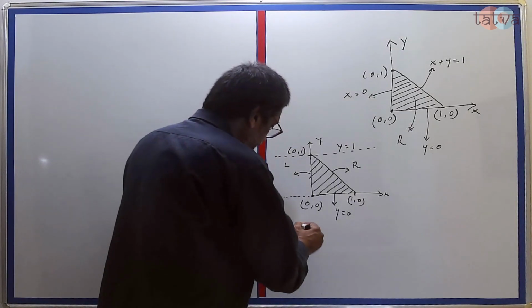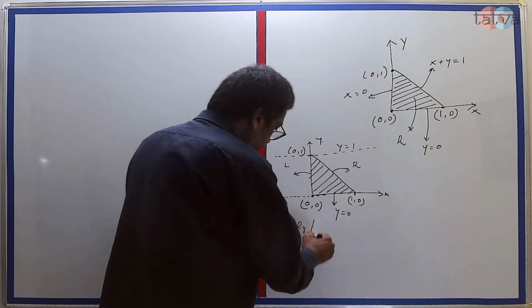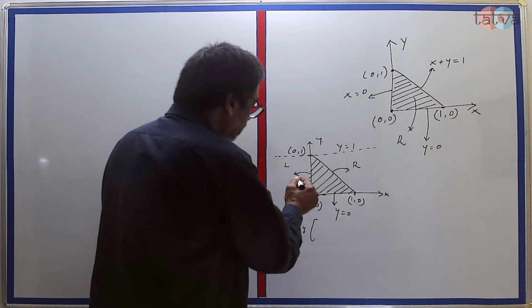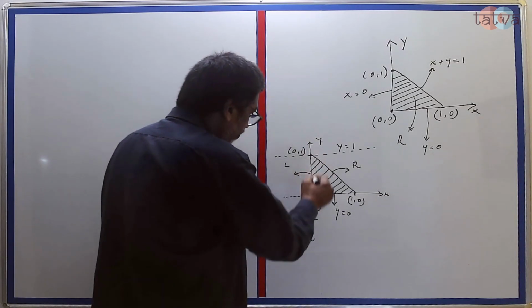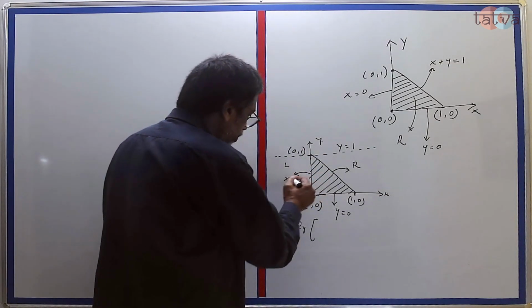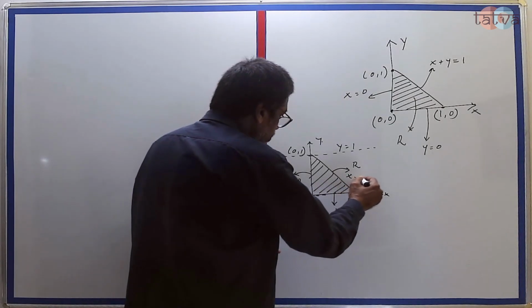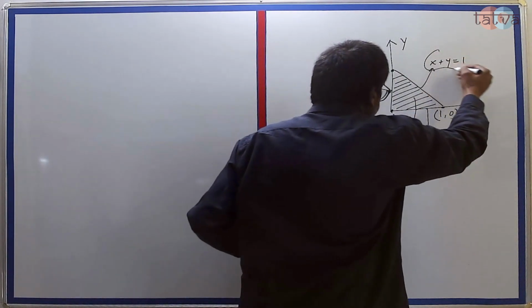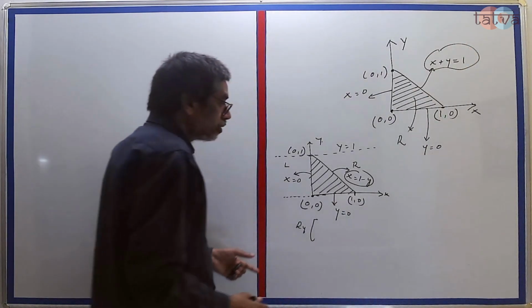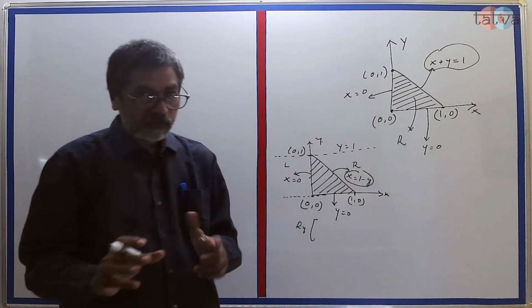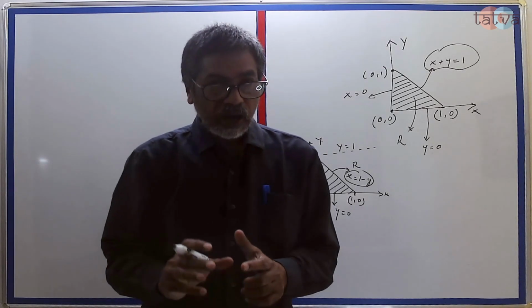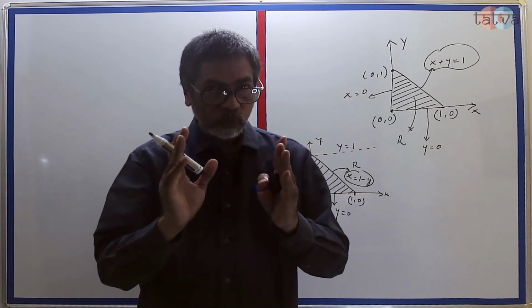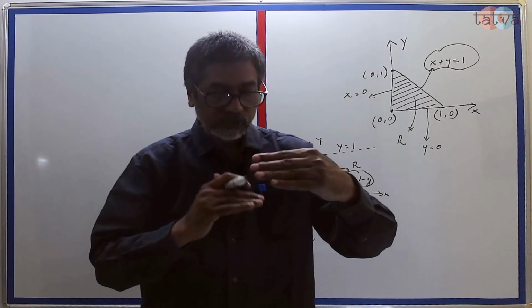So that will make it a perfect Ry region. So let us write the equations of this left boundary. It is x is equal to 0, and this is x is equal to 1 minus y coming from here. So you are doing exactly the opposite of what you did in the case of Rx. In Rx, you fix within vertical lines. In Ry, you fix within horizontal lines.